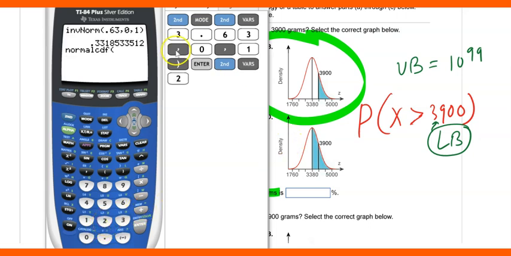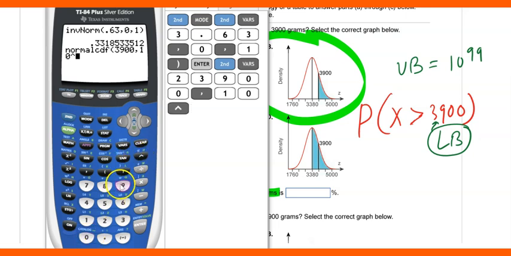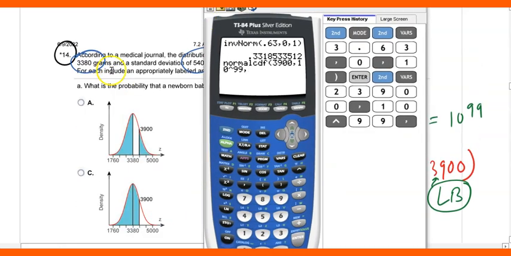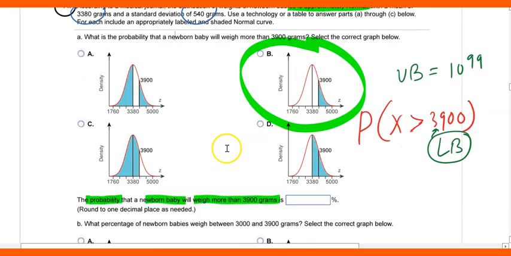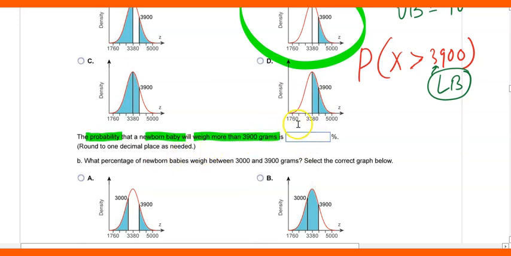Again, you put the lower bound first, which is 3900, comma, upper bound 10 to the power 99, comma, mean is 3380, comma, standard deviation is 540. Now enter, and you get 0.1677.